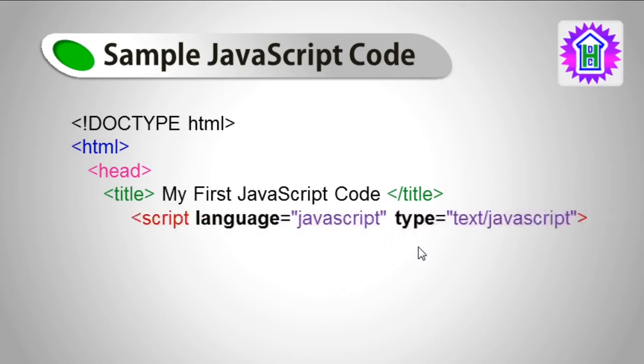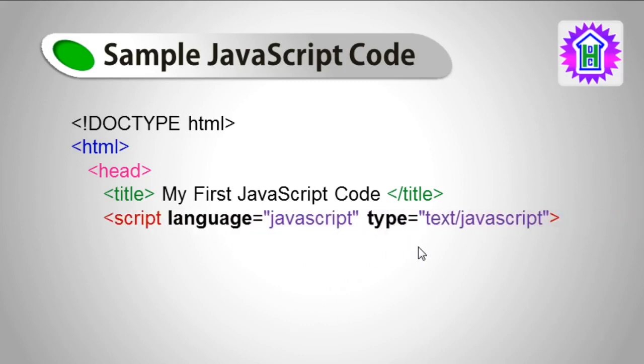And after the title I have used the script tag. By the way, the script tag is used to include JavaScript code in a web page. Now two attributes are there, language and type. Language is obviously JavaScript and type is text/javascript.